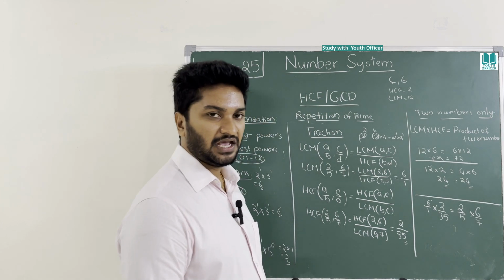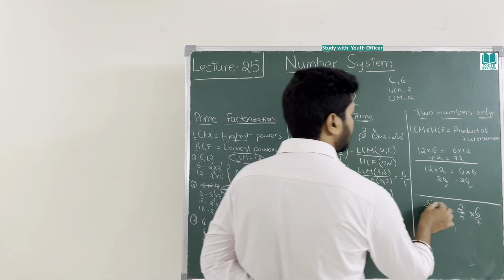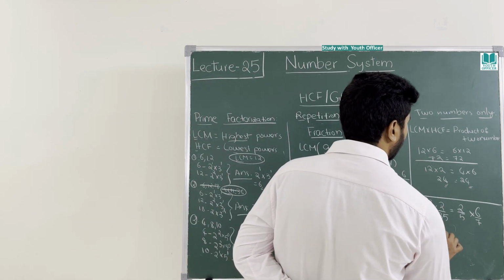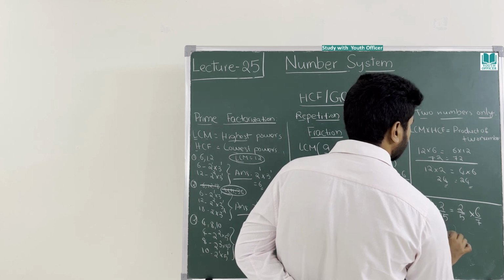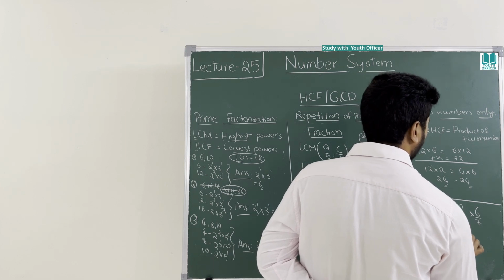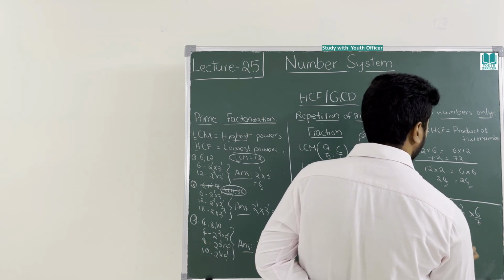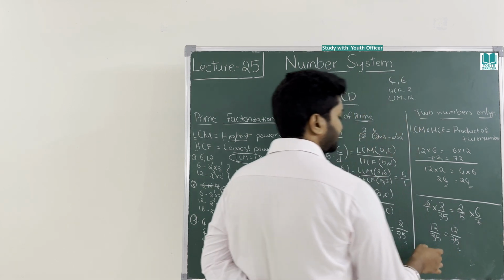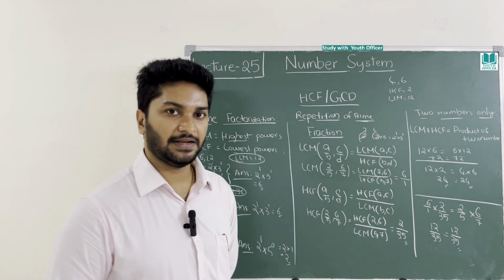Now we will see whether they are equal or not. 6 into 2 by 35 is 12 by 35. This is the product of two fractions: 2 sixes are 12 by 5 sevens are 35. So left hand side is equal to right hand side.